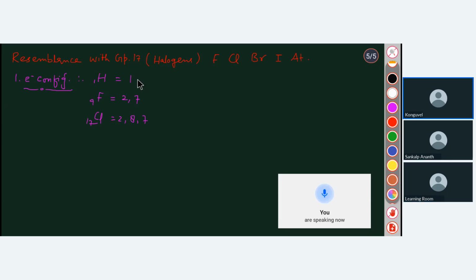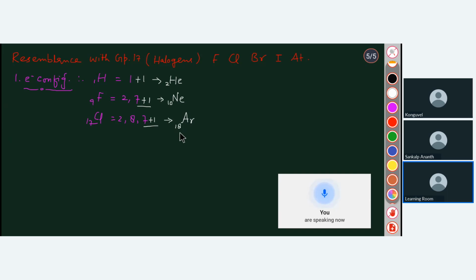They require one electron to complete their octet, or duplet, that is, their noble gas electronic configuration. If I give one electron to hydrogen, it becomes the noble gas helium, having two electrons. Similarly, if we give one electron to fluorine, it was 7, it now becomes 8, completing its octet, and becomes the noble gas neon, atomic number 10. If I give one electron to chlorine, it completes its octet and becomes the noble gas argon, atomic number 18.